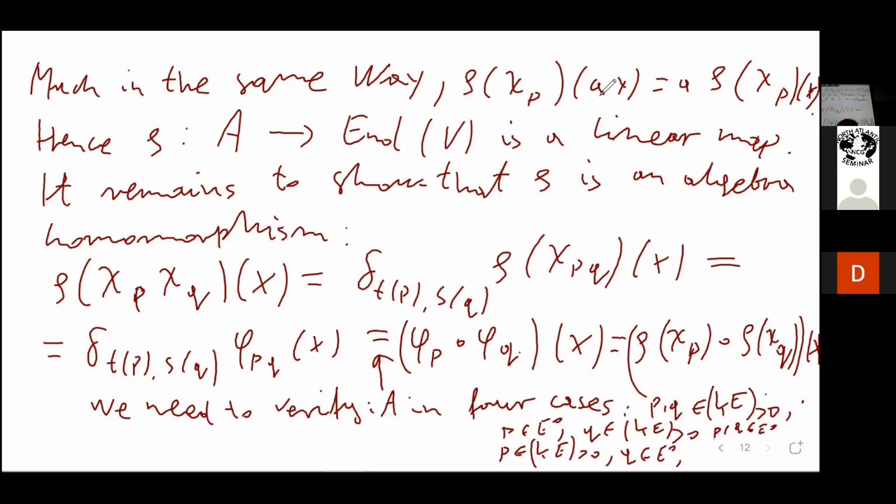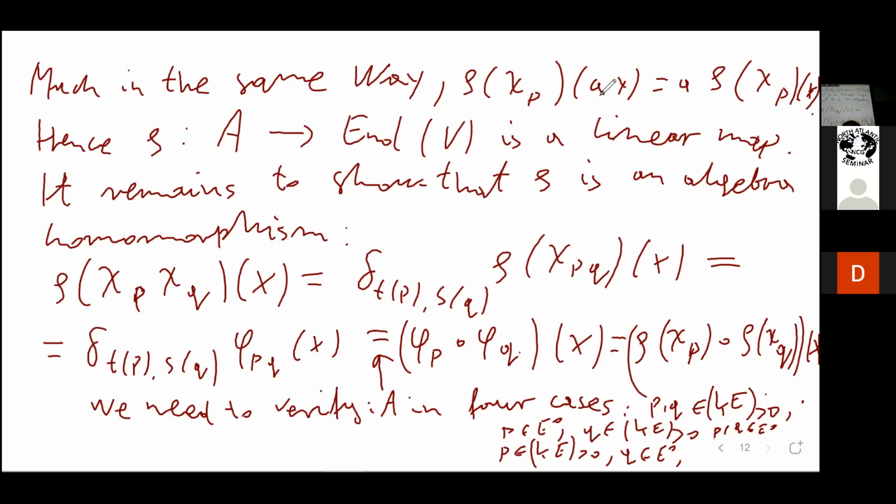Here this verification is a little bit different, because I also have to see what happens if X is in V_Q or it's not in V_Q. Okay, if X is not in V_Q, then phi Q of X is simply equal to 0, and we get 0 on the right-hand side.